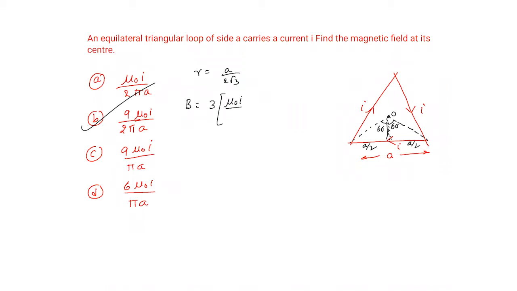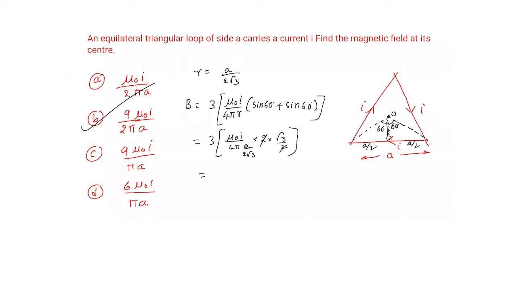Now we put the formula of magnetic field due to a finite wire: mu naught I by 4 pi R times sine alpha plus sine beta, here sine 60 plus sine 60. Simplify. R is A by 2 root 3. So mu naught I by 4 pi into A by 2 root 3, times 2 sine 60, which is root 3 by 2. The 2 root 3 comes to the numerator, 2 gets cancelled.